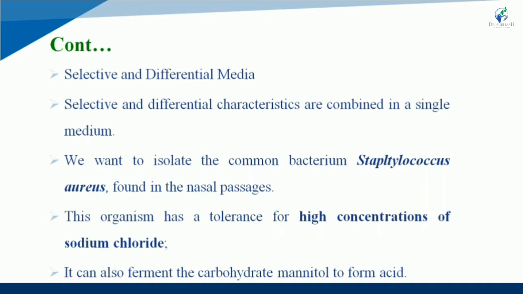We want to isolate the common bacteria Staphylococcus aureus that is found in the nasal passage. This organism has a tolerance for high concentration of sodium chloride, and it can also ferment the carbohydrate mannitol to form acid.